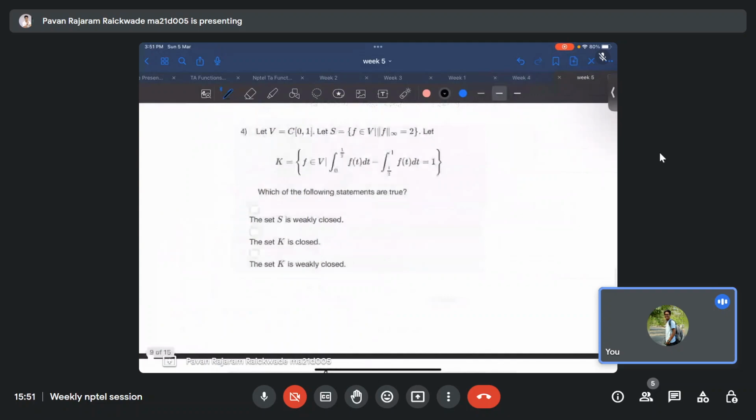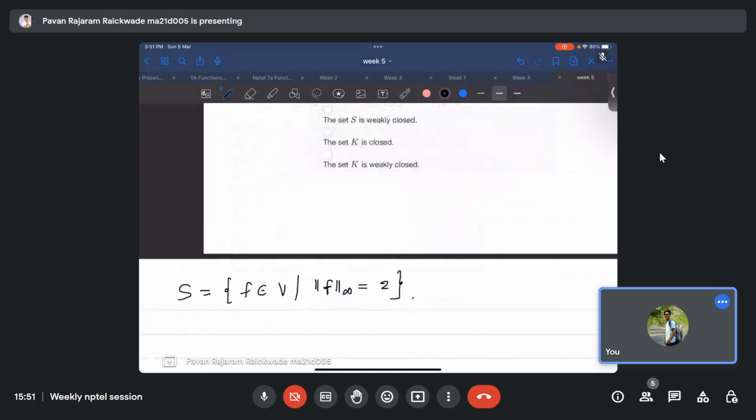Okay. So weakly closed means what? The weak closure should be in the set only, right? That's the definition of closure for any set. The closure should be the same as the set. But what I'll show is 0.